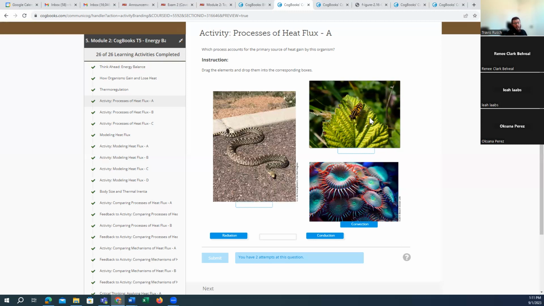There is conduction happening, right? It's got feet, so it's touching this leaf, but the amount of surface area that it's actually touching is very low. So I would argue conduction there is very low. So radiation is the best answer there. And then that leaves conduction over here, which we said was a good answer. But now we can argue, by process of elimination, that the answer is conduction.